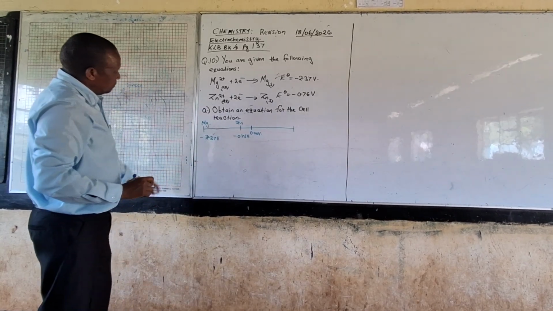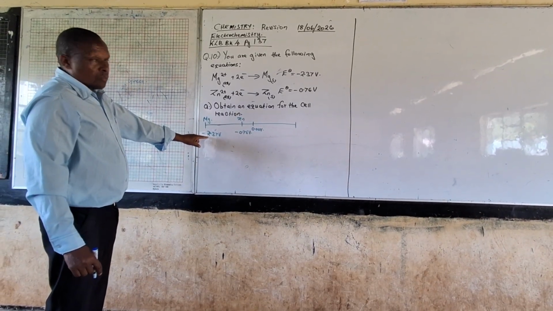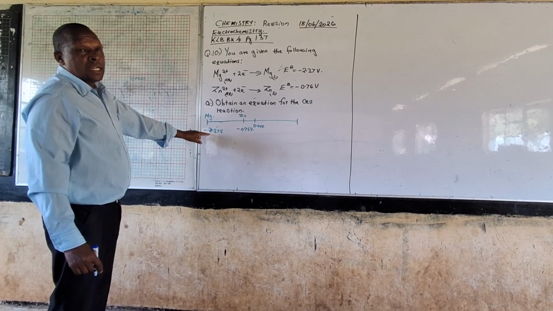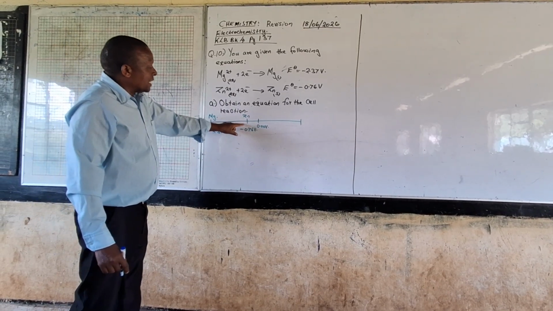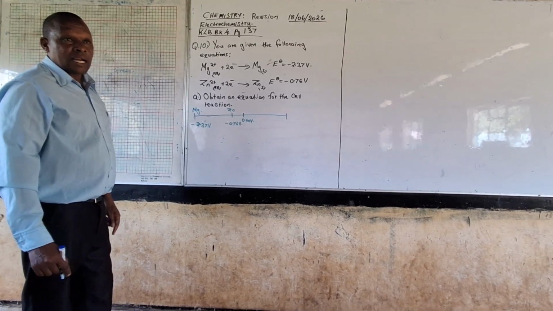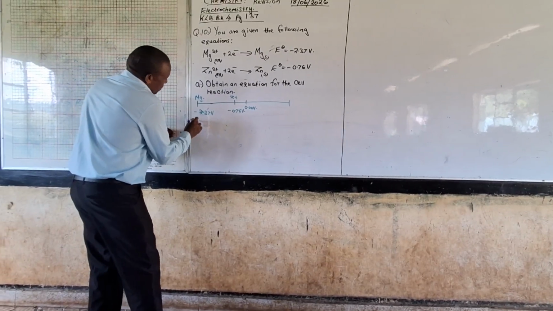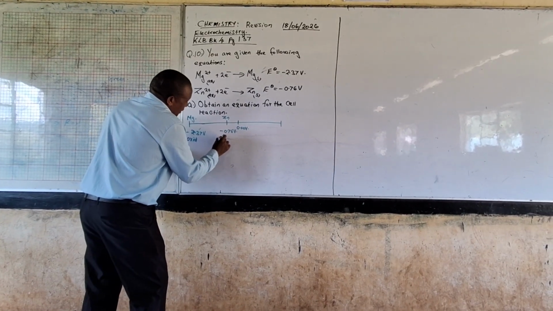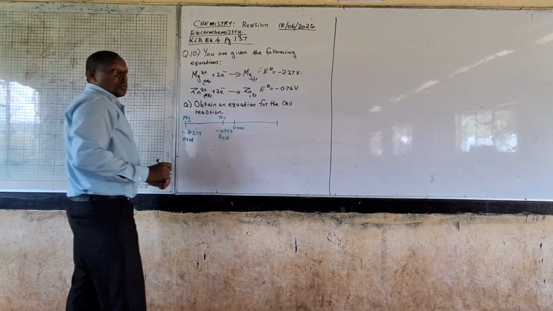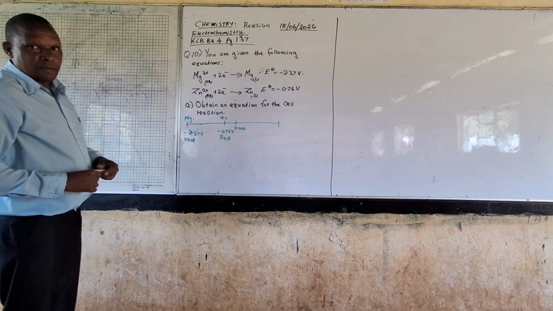So it means magnesium will be undergoing oxidation. Are we together? While zinc will be undergoing reduction. So here we'll be having oxidation taking place, and here we are having what? Reduction taking place. What we need to understand is this.